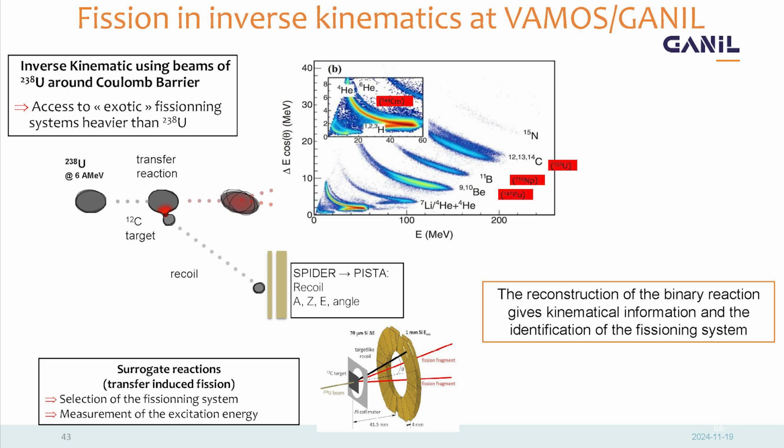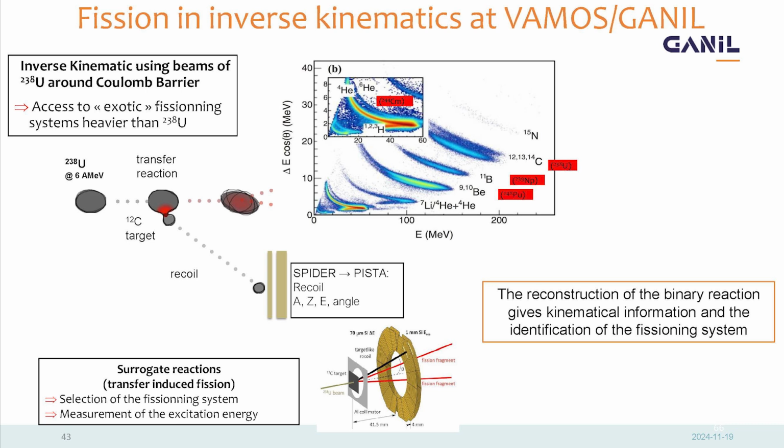Also, by some kind of luck of kinematics, the fission fragments, when the populated system fissions, still go into some cone, which is typically like 30 degrees. So luckily, it does not go to the same place. Otherwise, it would be impossible to detect at the same time the fission fragments and the light nuclei, and your detecting system would not survive.